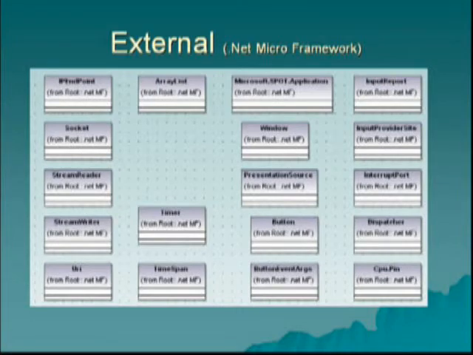We use IP endpoint, socket, stream reader, stream writer, and URI to develop the SOAP module, array list to create our recorders, time and time span to create a scheduler, and the other classes to control I/O on our device, which made our development so easy and fast.